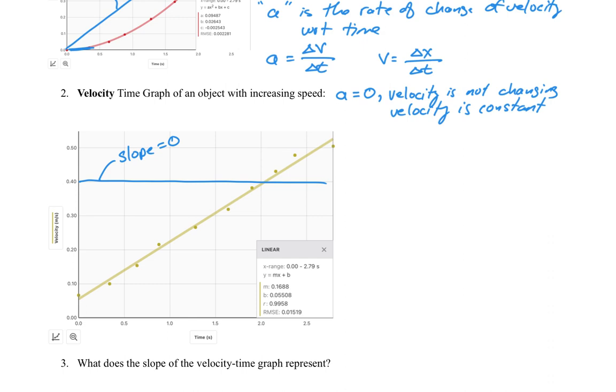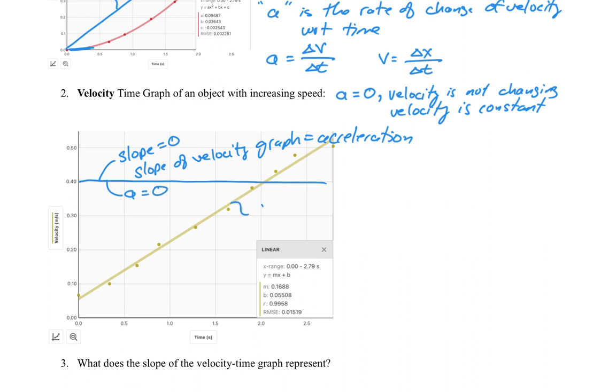Well, what we're going to see in a second here is that the slope of a velocity graph is equal to the acceleration. So if the slope is 0 on a velocity graph, the acceleration is 0.